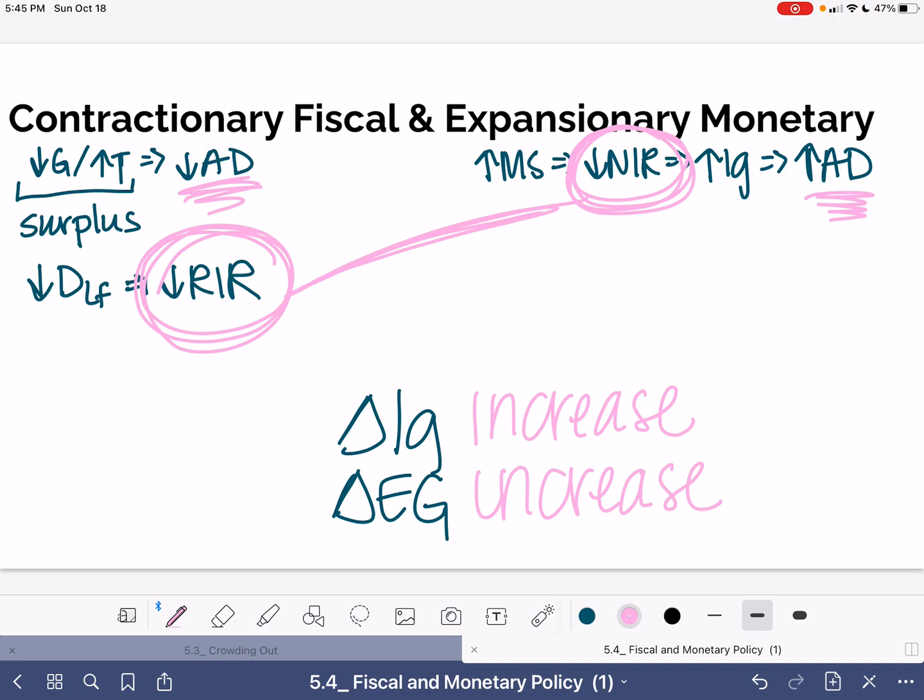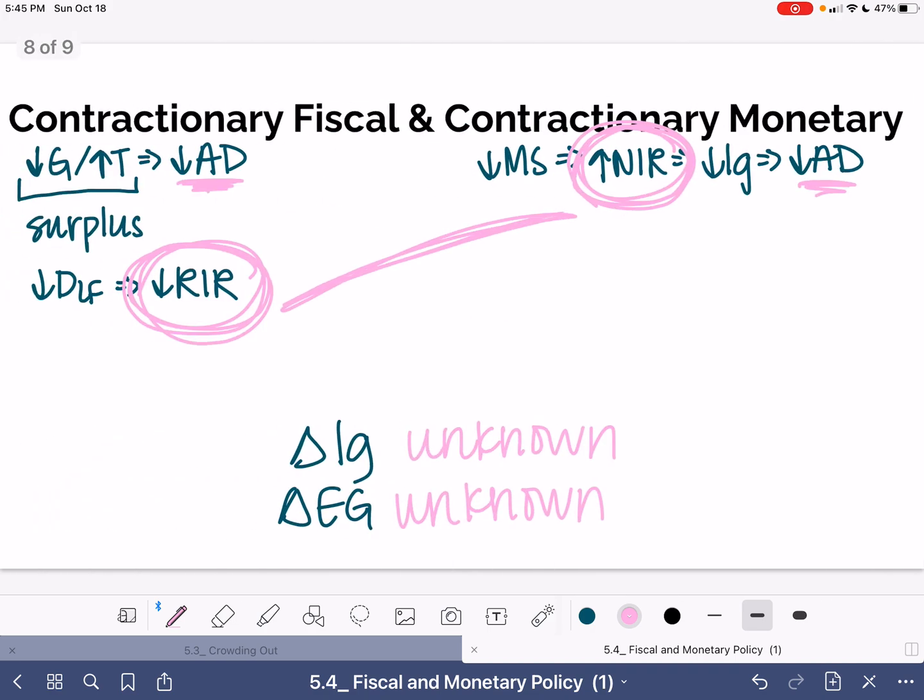So to add one more layer of what the answer could possibly be, we have learned that unknown is a viable answer choice. So not only do we have increase, decrease, stay the same, we also have unknown. Isn't that so much fun?